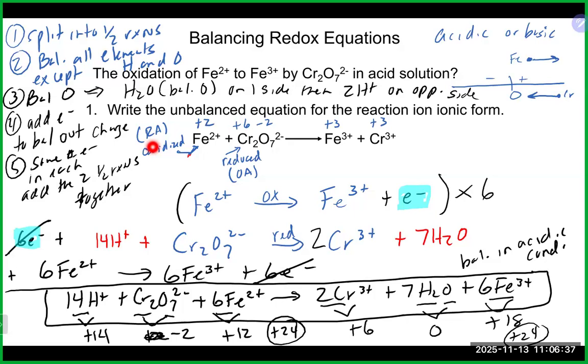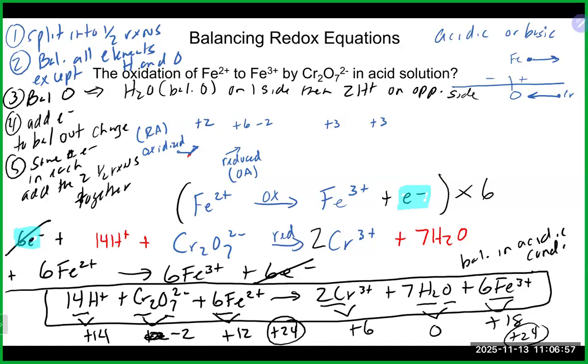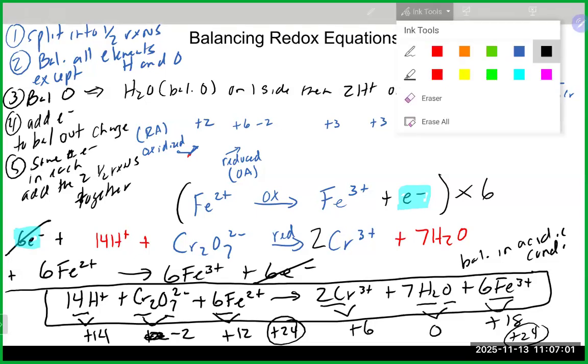Now, if we wanted basic conditions, there are a couple ways you could do it, but to be honest with you, the easiest way is basically just to do what we just did, which is do it in acidic conditions. And at the end, you could then just turn it into basic conditions. So that's probably the easiest move. And maybe I'll go up here with it so I could just show you what we need to do.